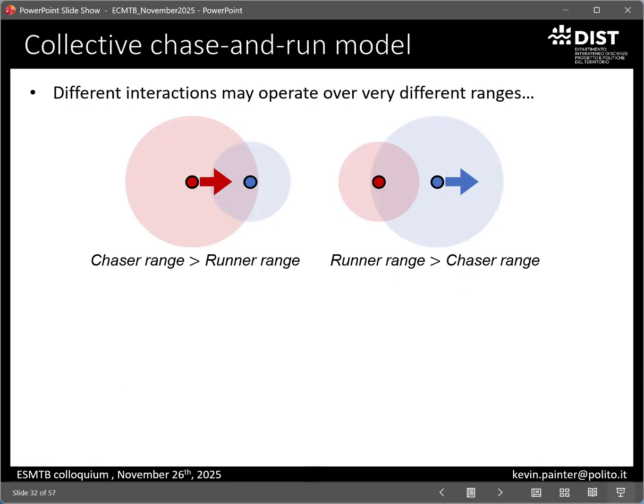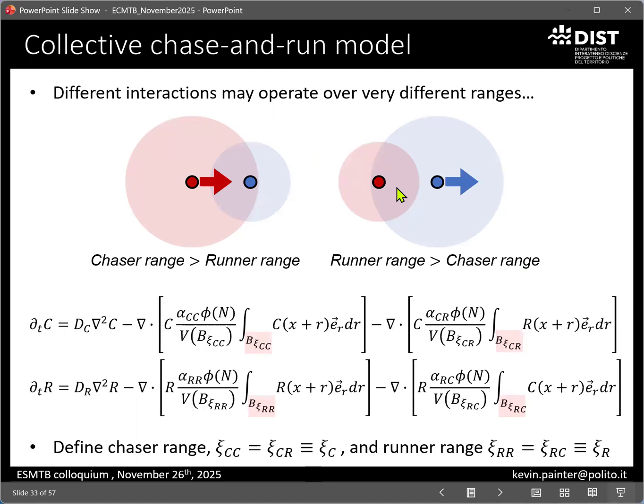That motivated us to look at different possible configurations for the extent of the range over which the chasers can interact compared to the range over which the runners can interact. Effectively we assumed two scenarios, where either the chasers have the larger range of interaction or the runners have the larger range of interaction.